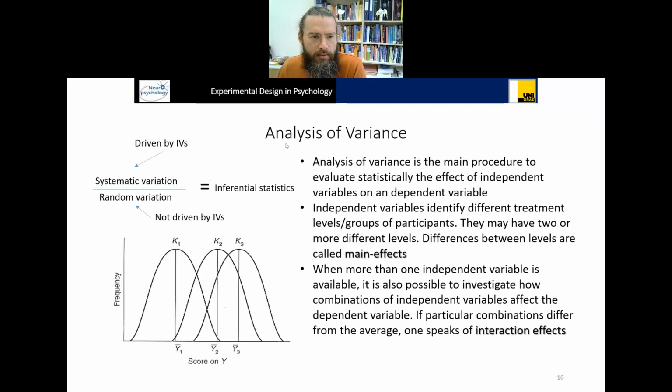And we may remember here that regardless of which inferential statistics tools you are using, you are always following the same logic, namely that you are comparing the size of the systematic variation you see in your data, which is driven by your independent variables or specific combinations of independent variables, and can be causally attributed to your experimental manipulation. This is the value of greatest interest for you, and it will be compared with random variation.